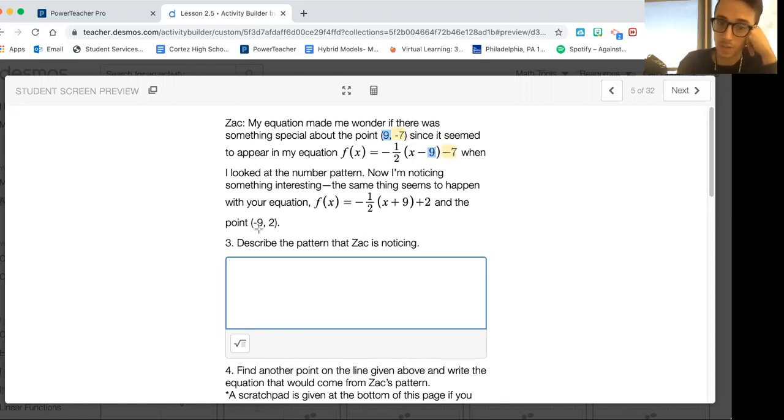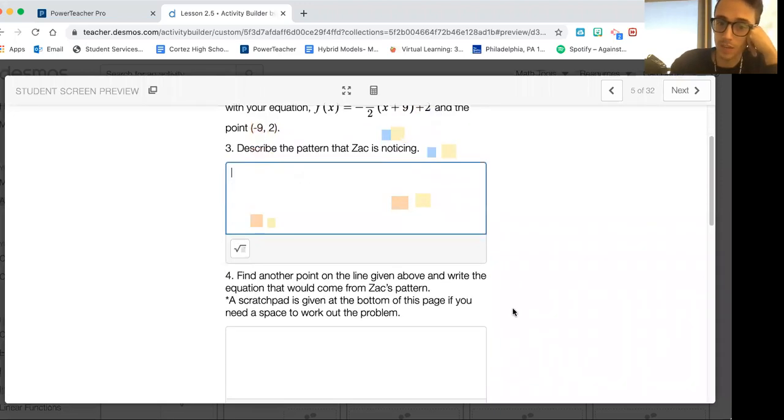And you can kind of see the same thing here because 2 is thrown in at the end. And then that -9, if you're not too sure what I'm doing, color coordinate, I think that helps. -9 is thrown in here, but again, it's opposites. So I think that's what's being mentioned here.